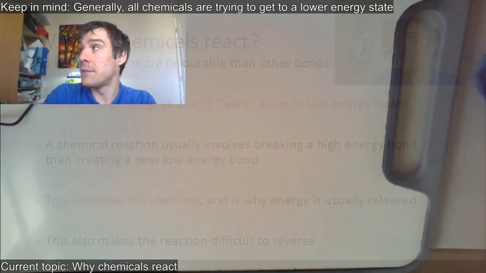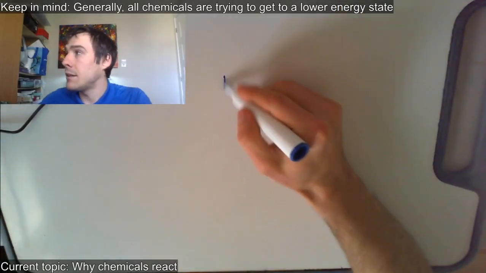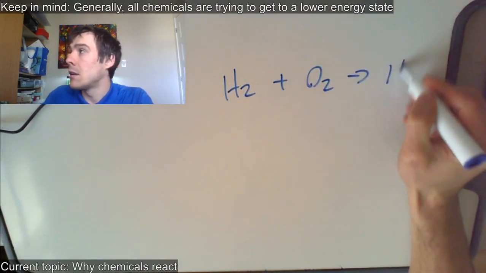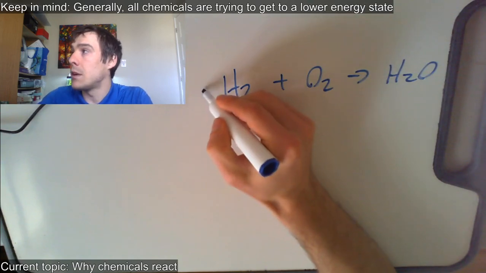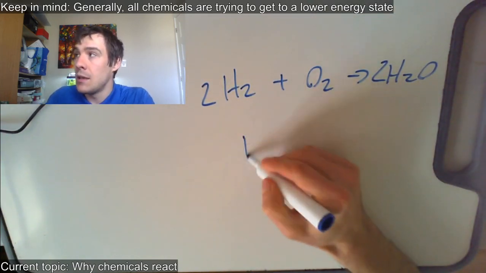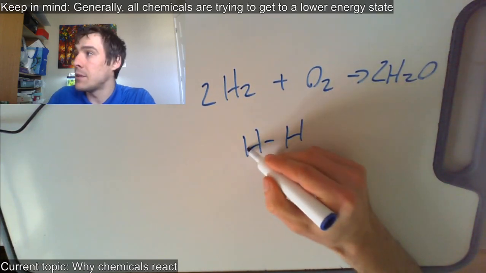So for an example of this, if I go over to the whiteboard, let's take say this reaction, right? Hydrogen and oxygen making water. We'll balance it out. You have hydrogen here. They're bonded, which is lower.